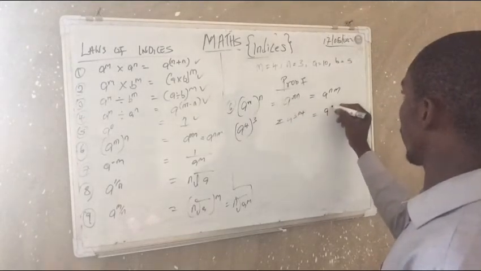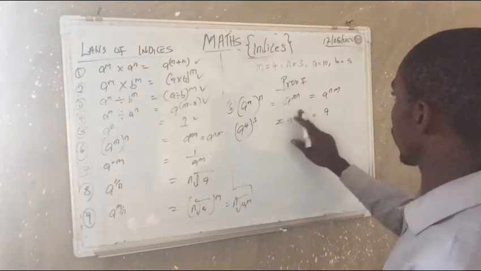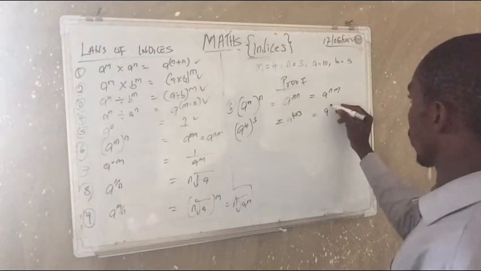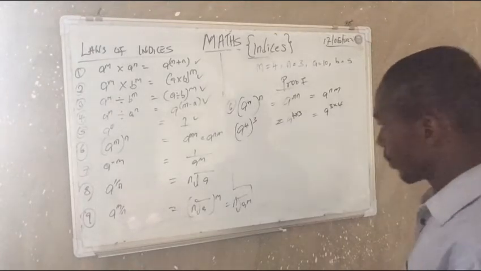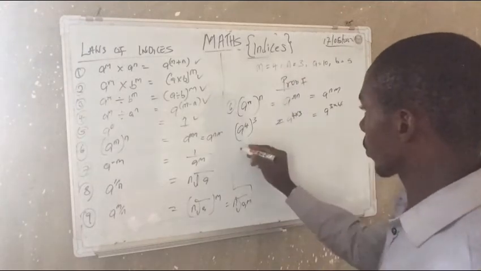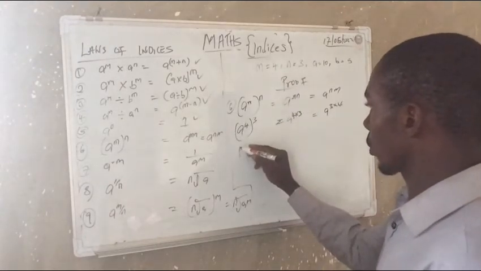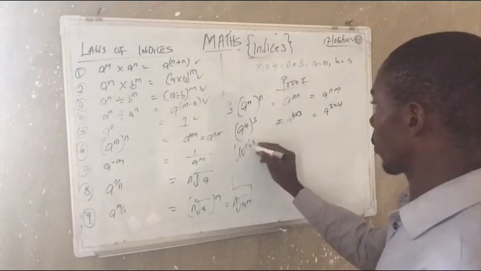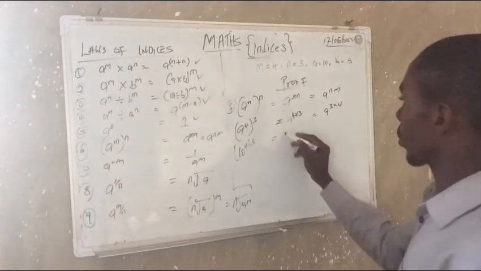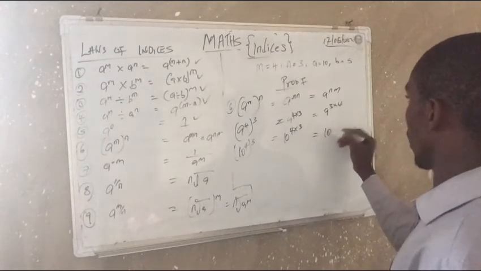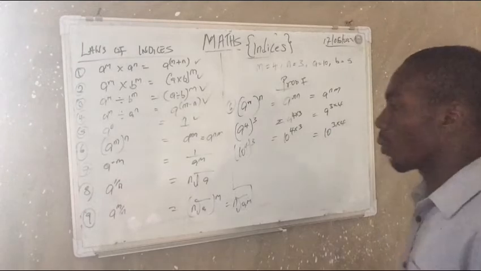Sorry, this is 4 times 3, or 3 times 4. And our a is what? 10. 10 raised to the power 4, all raised to the power 3, is equal to 10 raised to the power 4 multiplied by 3, is equal to 10 raised to the power 3 multiplied by 4.